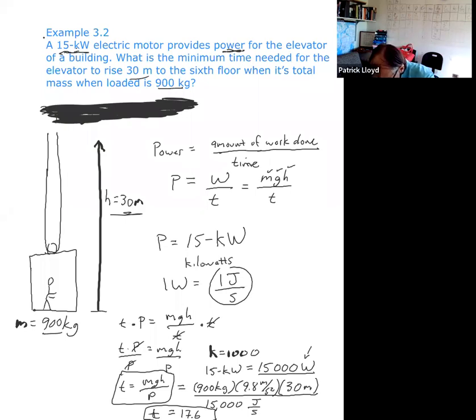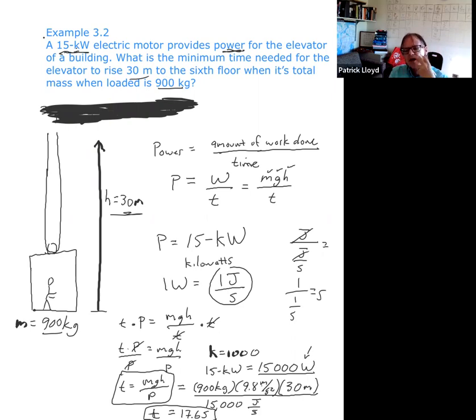So this is really joules in the numerator and then joules divided by seconds in the denominator. So the joules cancel and you get 1 over seconds, which is just seconds. And there's your answer. So 17.6 seconds, between 17 and 18 seconds to move this elevator using that power, right?